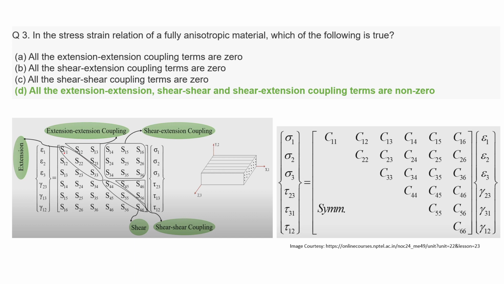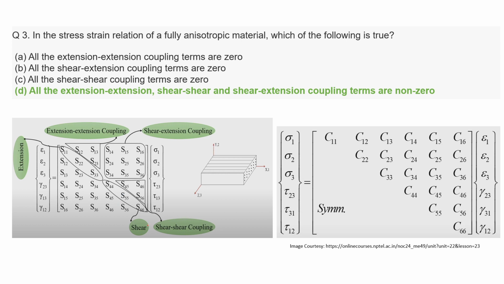As these are directly related to the stress in the given direction, these are named as the extension part. Now next is the extension coupling. This is when the stress in one direction is related to the strain of the other direction. As you can see, S12, here the strain is in direction 1 and stress is in direction 2. So that type of independent constants are called the extension coupling.